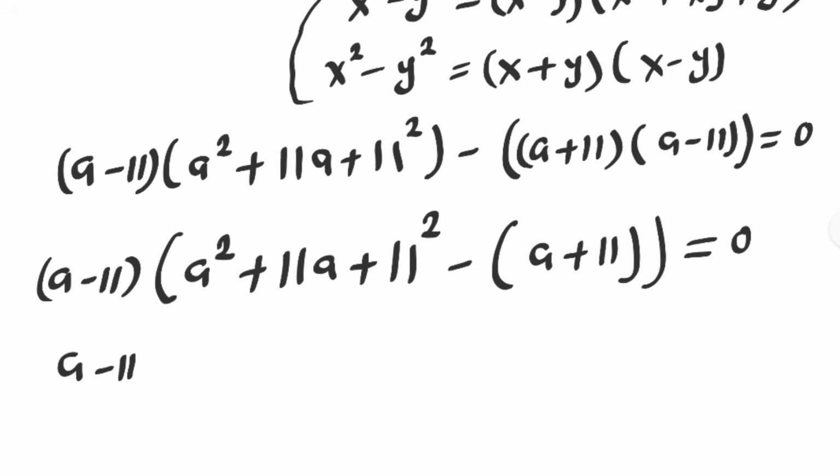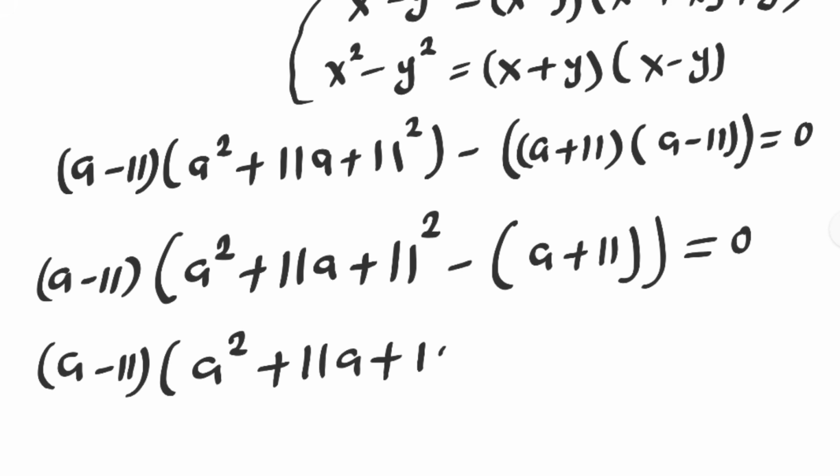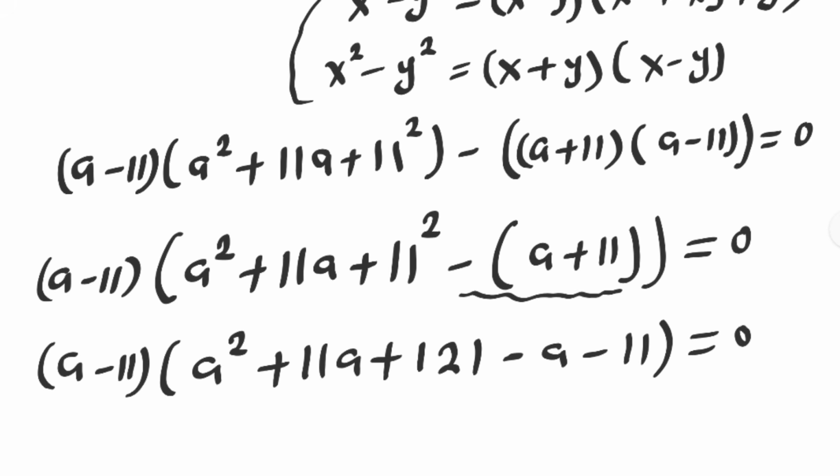A minus 11 bracket. Here is a square plus 11a plus 11 square, that is 121. Let us open this bracket with negative. Here is minus a minus 11 is equal to 0.